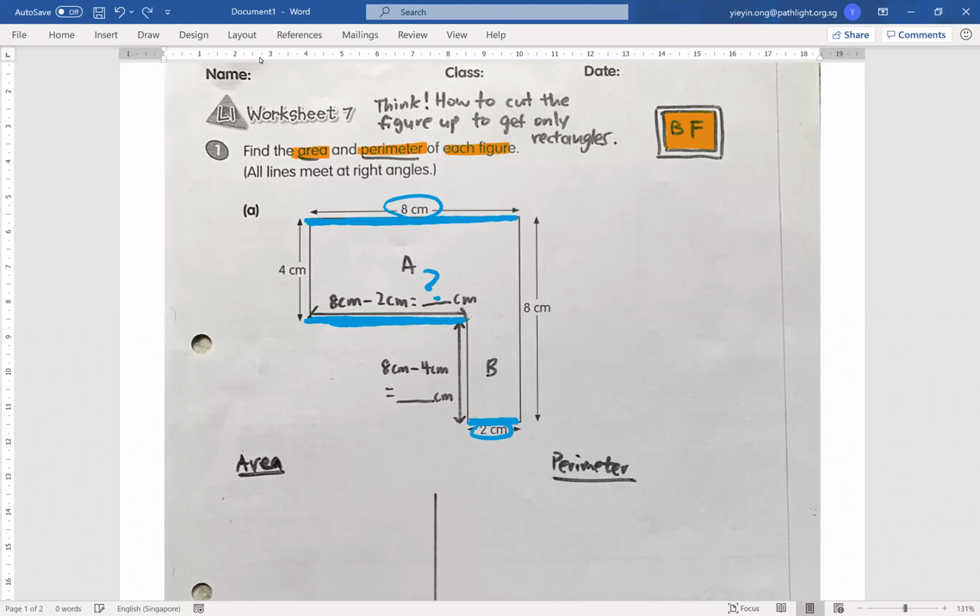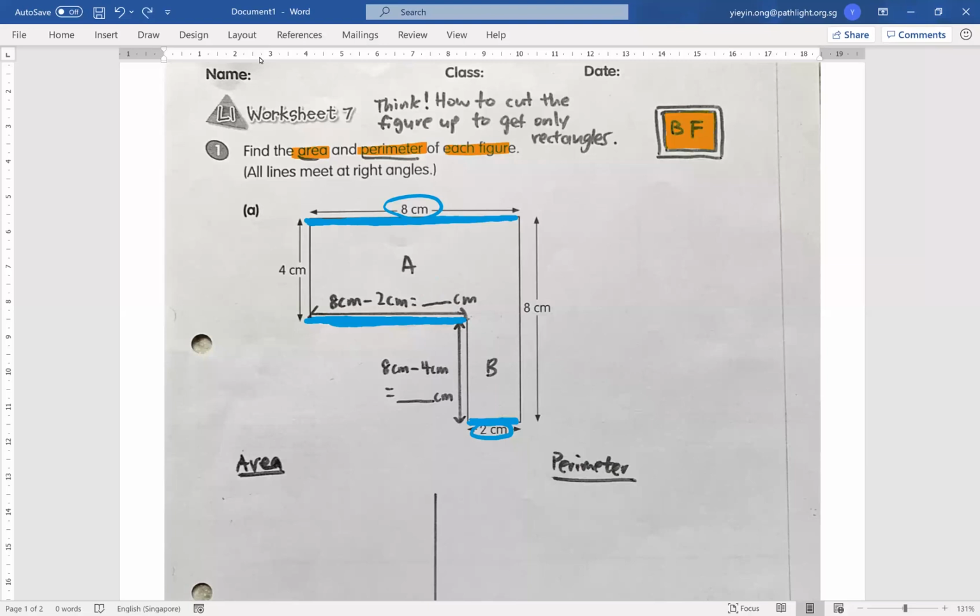So unknown and 2 centimeter gives me 8 centimeter. To find the unknown, I need to take 8 cm minus 2 cm. That will give me 6 cm.